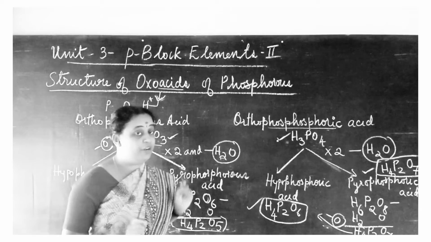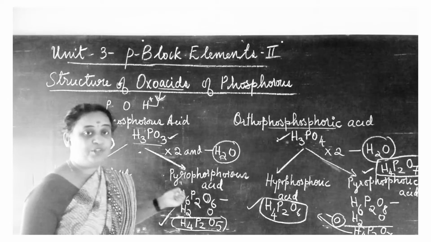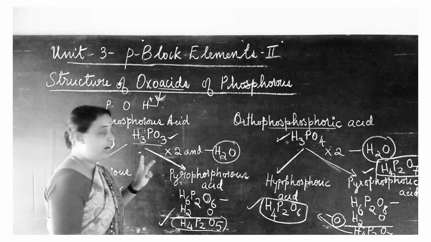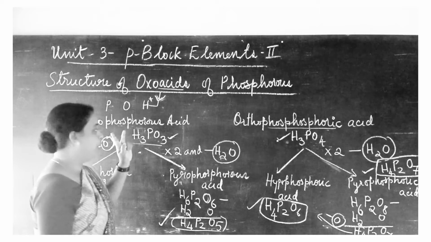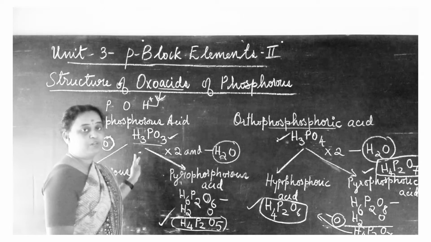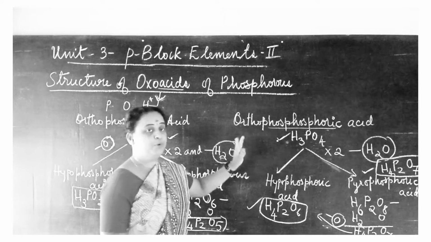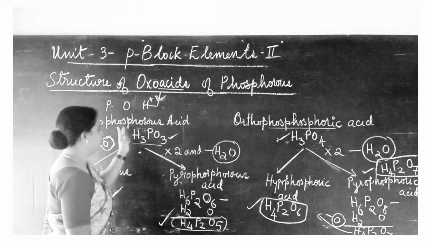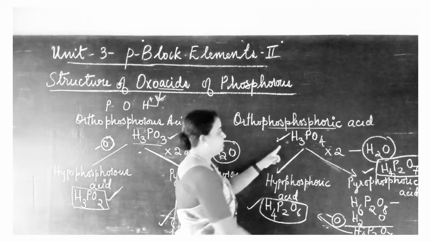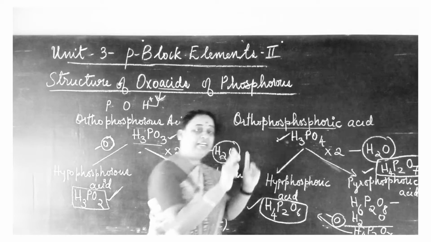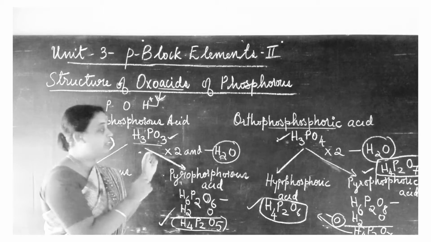You will be able to deduce these formulas easily, provided you memorize just the 2 formulas of orthophosphorous acid and orthophosphoric acid. Orthophosphorous means only 3 oxygen atoms, whereas orthophosphoric acid means 4 oxygen atoms. That is the only difference you have to study in this formula.